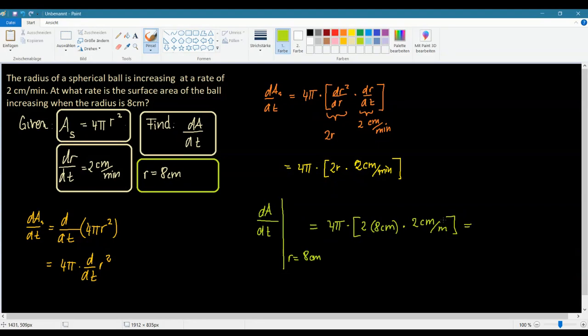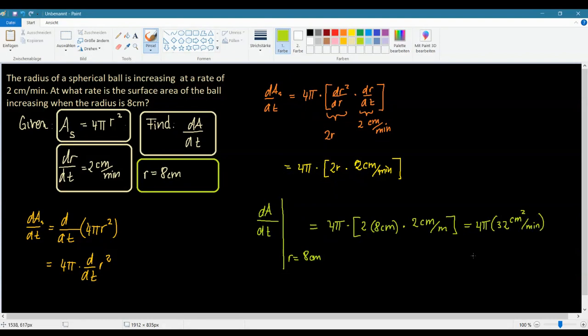So what does that equal? We don't really want to get rid of the pi, because then all of a sudden you end up with ugly numbers. So let's just multiply what's inside and multiply that by 4. So we're going to end up with 4 pi times 32 centimeters squared per minute.